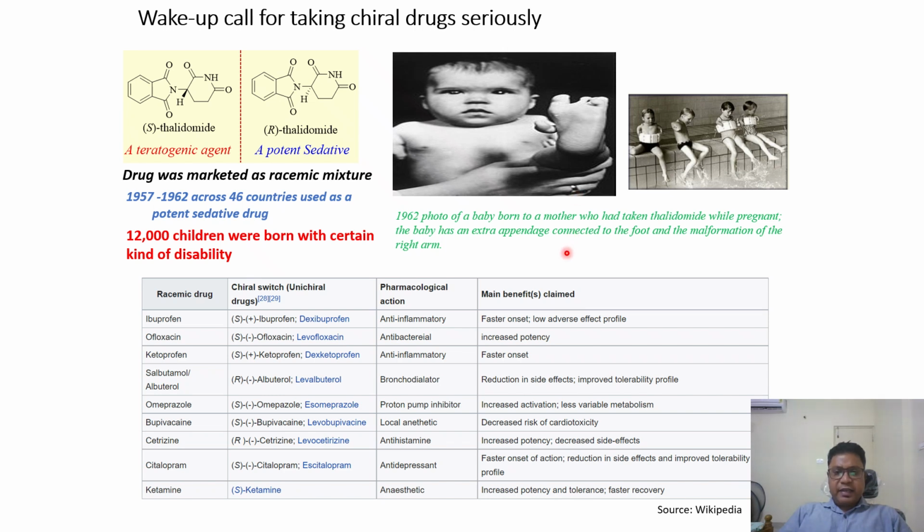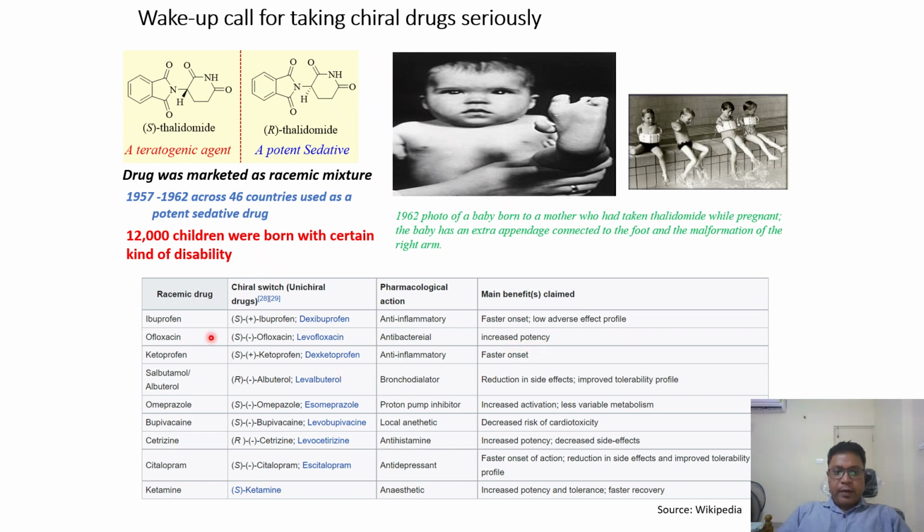Then the FDA came in and said that a drug molecule containing a chiral center should be marketed only in enantiomer pure form, not in the racemic form. This event is known as chiral switch. We can see that ibuprofen was initially marketed as racemic. Now it is marketed as the enantiomer pure form, the S form only, and we can see improved activity of the drug molecule, like faster onset and a lower adverse effect profile.